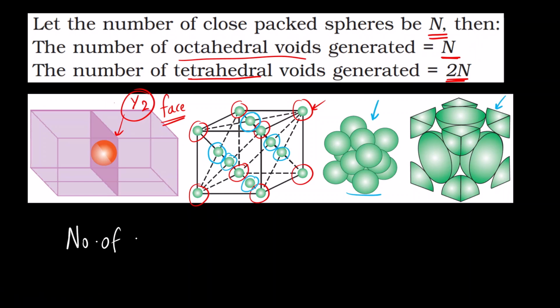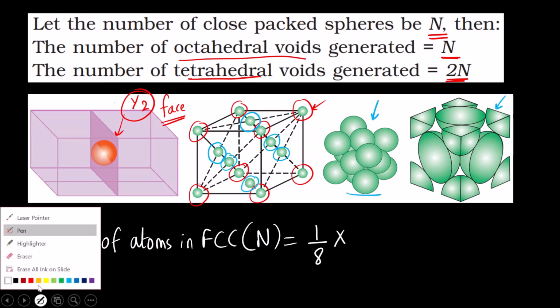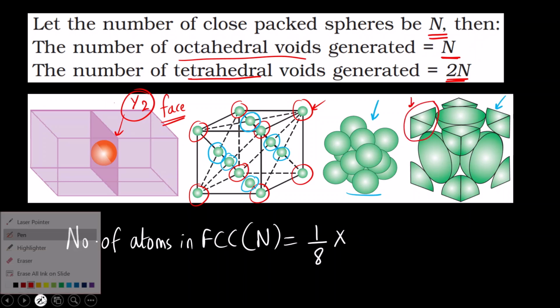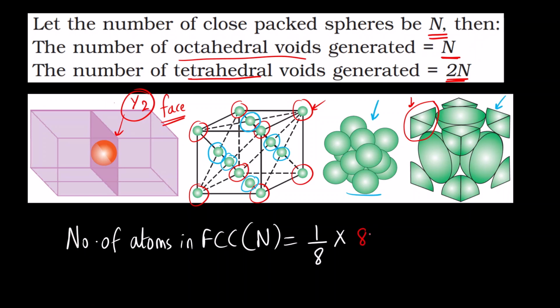Now we can calculate the total number of atoms present in FCC. First we count at the corner. Corner contribution is 1 by 8; 1/8 of the sphere is present at the corner. So 1 by 8 into, there are how many corners? 8 corners.